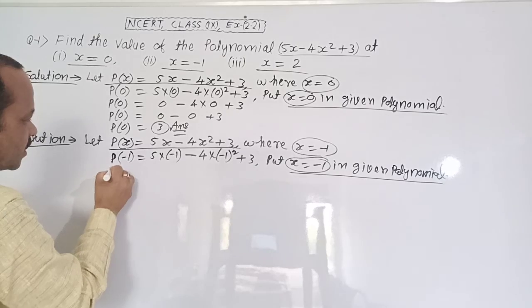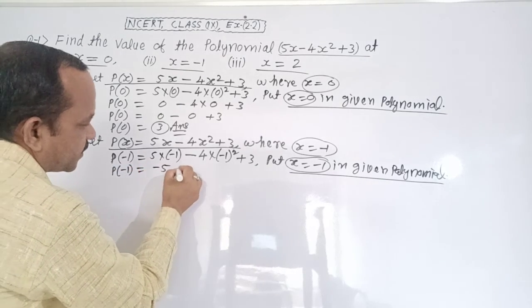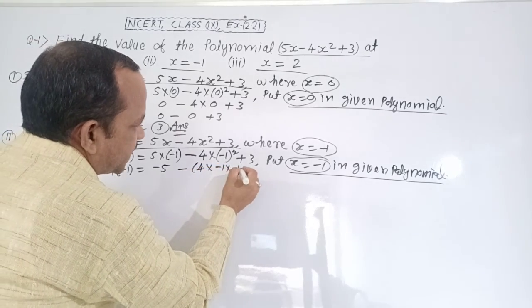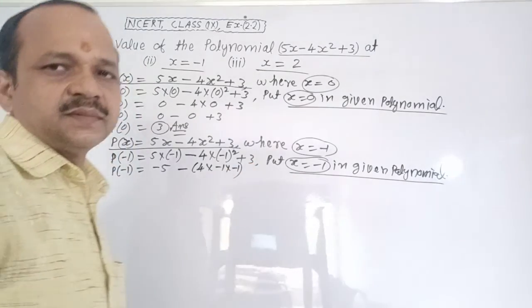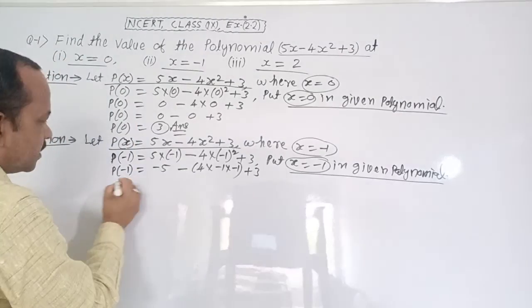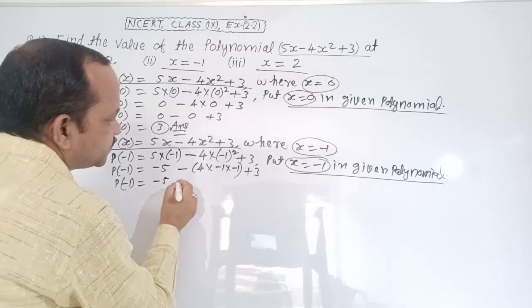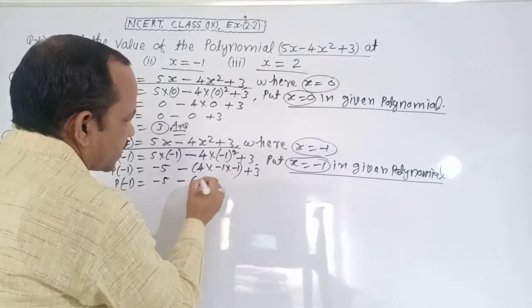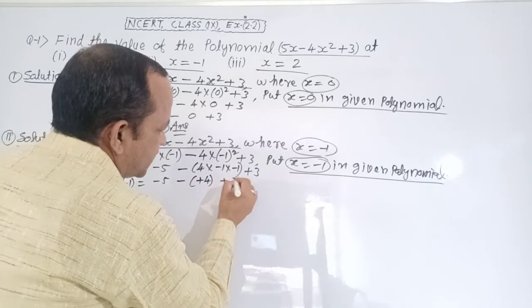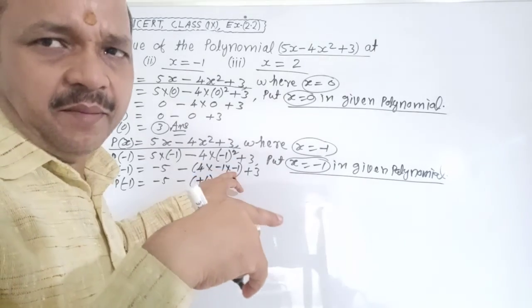Now P(minus 1) equals minus 5 minus 4 multiplied by minus 1 multiplied by minus 1 plus 3. Minus 1 multiplied by minus 1 becomes plus 1.